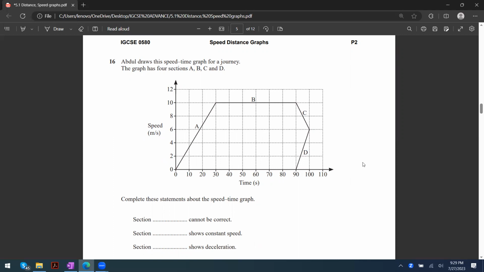Please tell me. D. Yes, D. What's the reason here? Because he moved back in time. Time can't go reverse. He went from 100 seconds to 90 seconds. Time has to move forward. He has to either slow down or increase the speed.